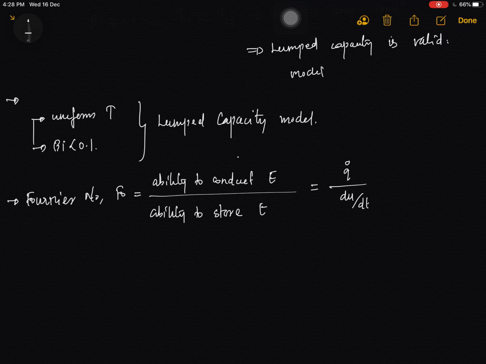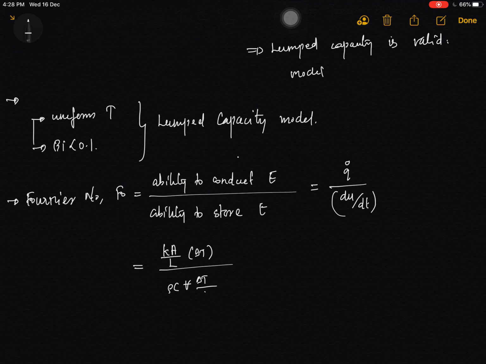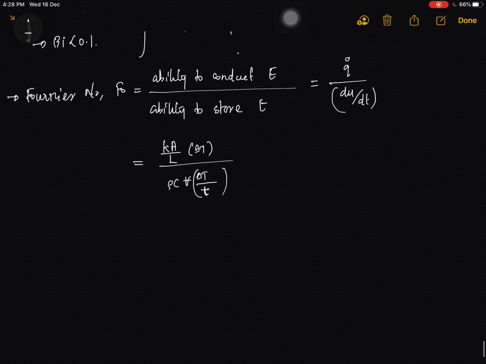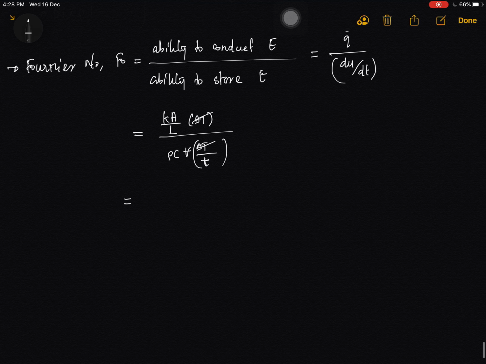This is Q dot by du by dt, where u is the internal energy. We can write this as kA by L into delta T divided by rho C V into delta T by t, where t is time and V is volume.